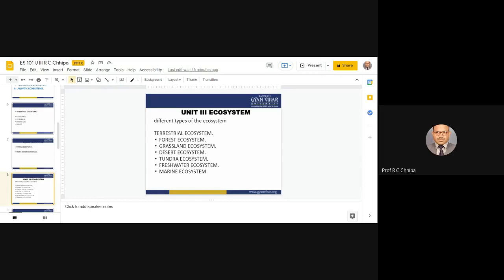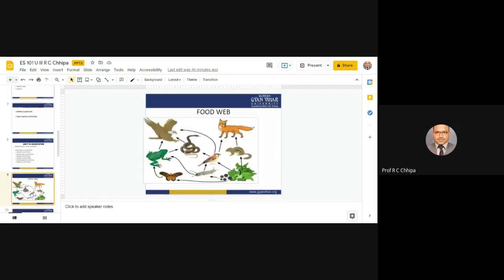Then freshwater ecosystem, for example, streams, various freshwater ecosystems. They also have the plants, the animals, both living and non-living. Then the marine, this is also discussed earlier.